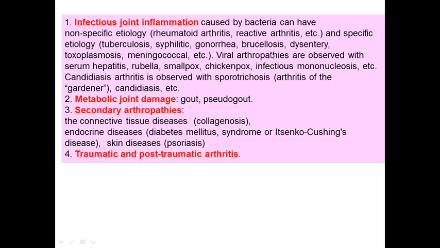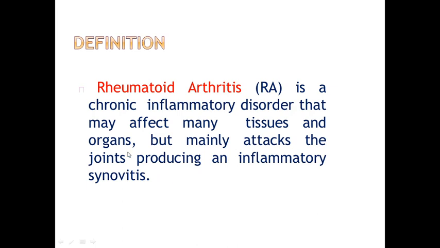Arthritis may also be caused by viruses and by candida. It may be caused by metabolic disorders like gout and pseudo-gout, or sometimes by connective tissue disorders like systemic lupus erythematosus, rheumatoid arthritis, scleroderma, and dermatomyositis. It may also develop after trauma, which can cause post-traumatic arthritis.